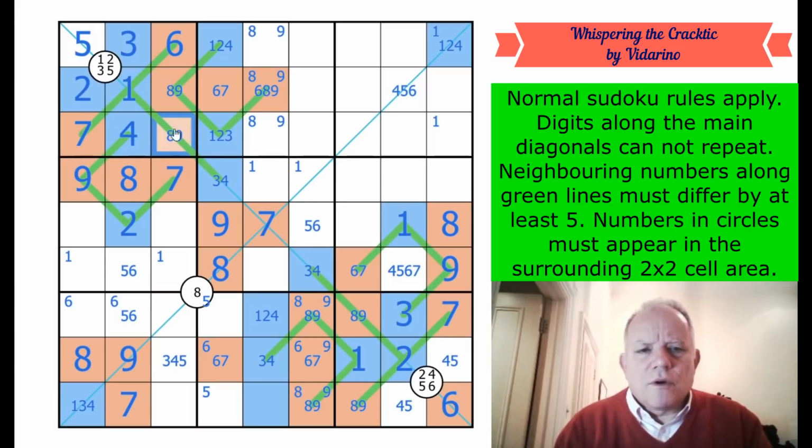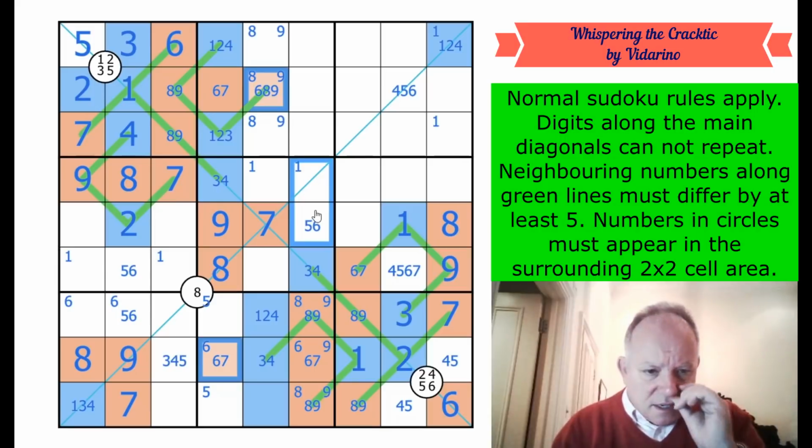I'm wondering if I can always force this to be a 9. The only way of avoiding that is if this is a 6, with 1 here. That makes that a 7. Okay, if that's a 6, we get a 6 here. One of those two becomes a 6 as a result.